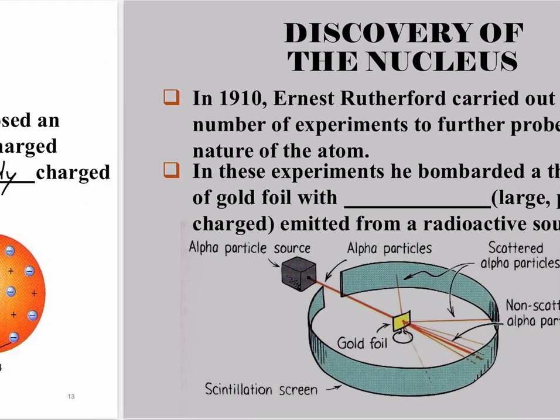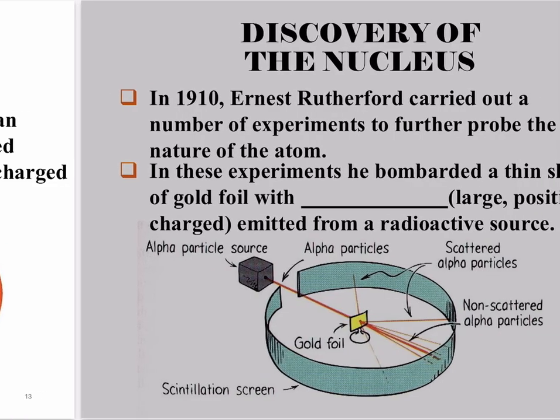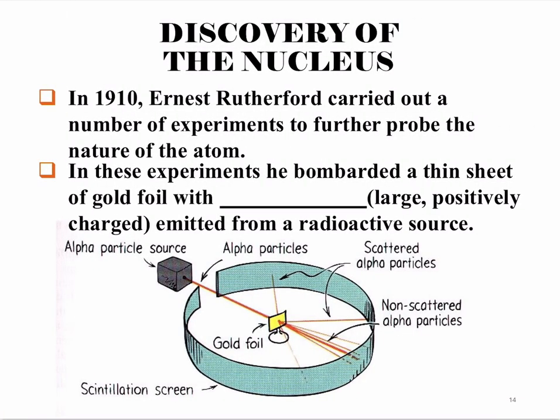And so what happened was that in 1910, more advanced experiments became possible. We can make different particles by exciting things in different ways. A guy named Rutherford further probed the nature of the atom. In these experiments, he bombarded a thin sheet of gold with what are called alpha particles.